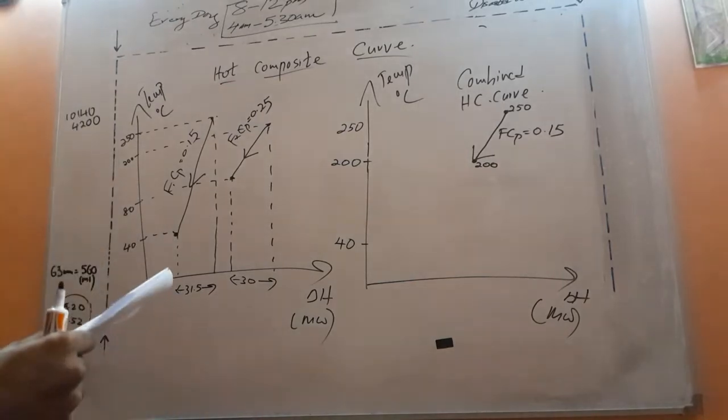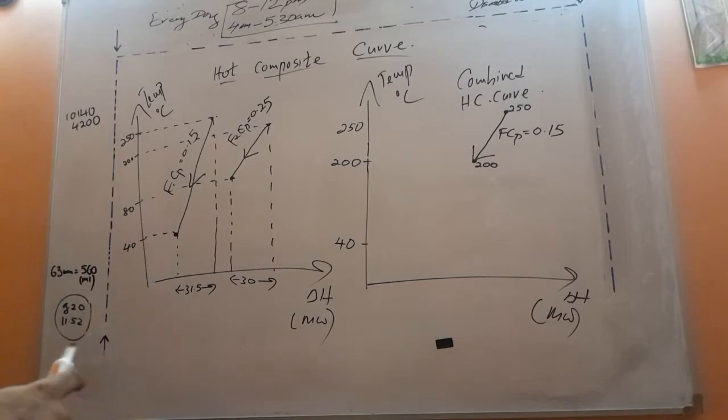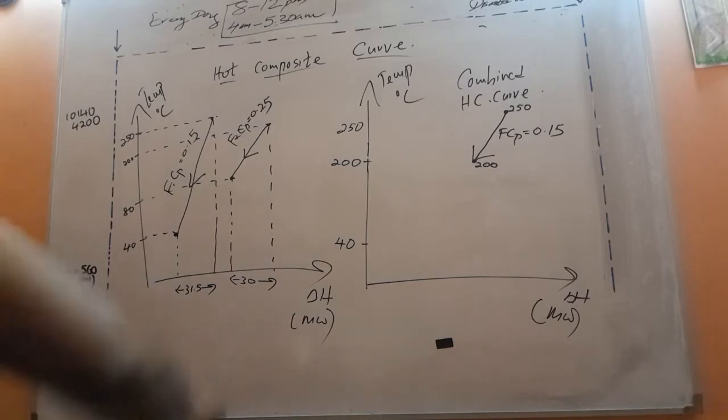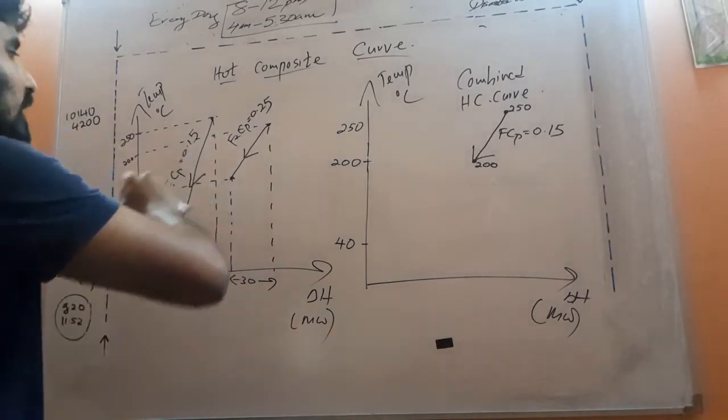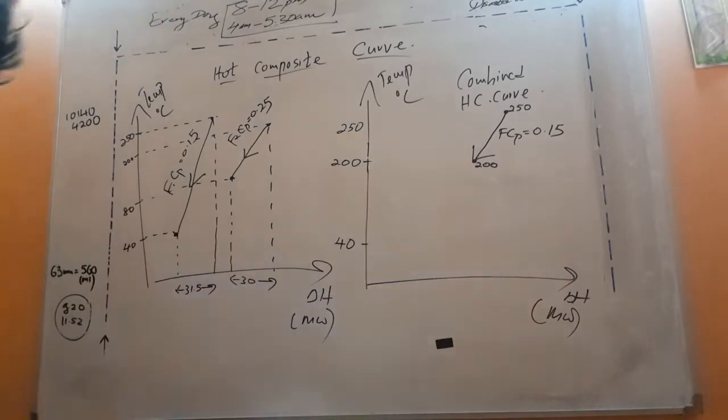Now the next target is the journey from 200 to 80. Let me explain that again.